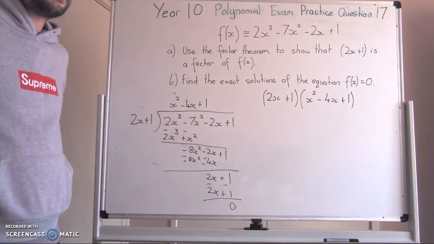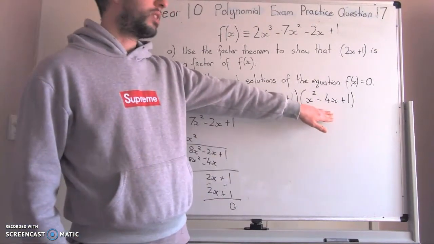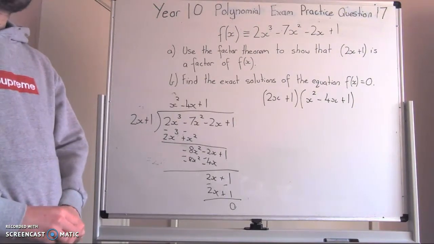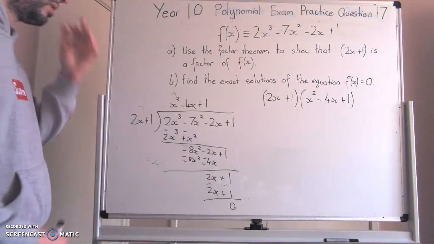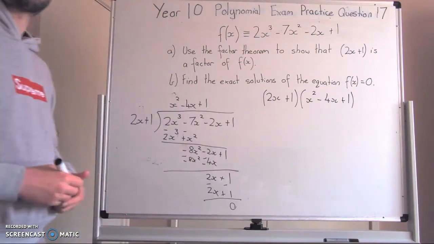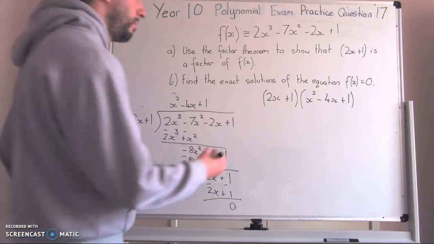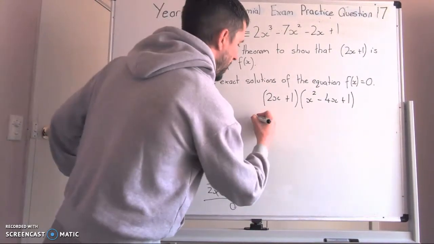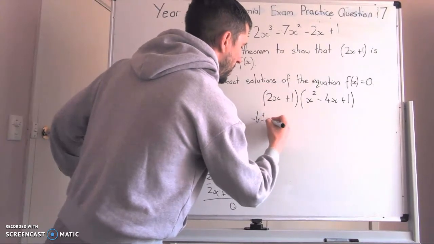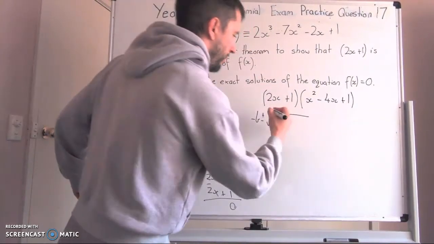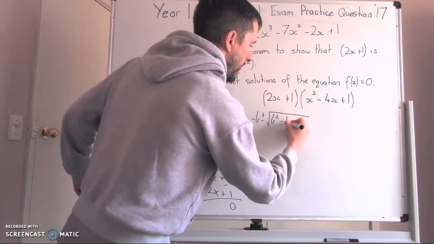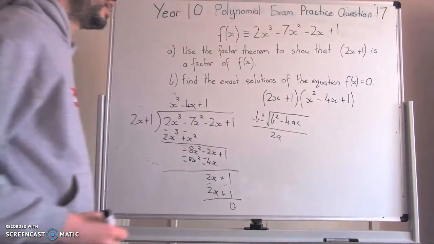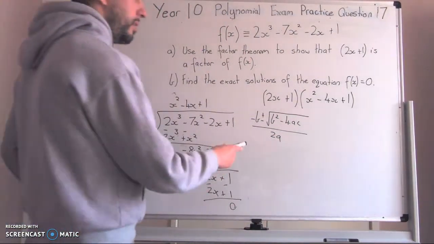Now the next thing we need to do is solve this part right here, x^2 minus 4x plus 1. So the first thing I'm going to do is use the quadratic formula to help me. I've got negative b plus or minus the square root of b^2 minus 4ac, divided by 2a. I substitute my values in.